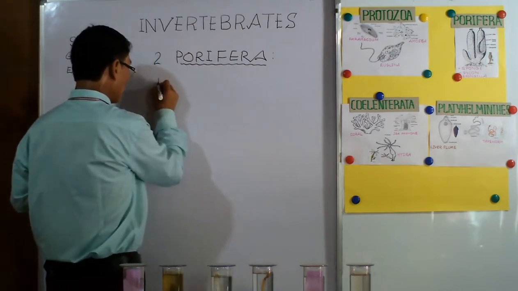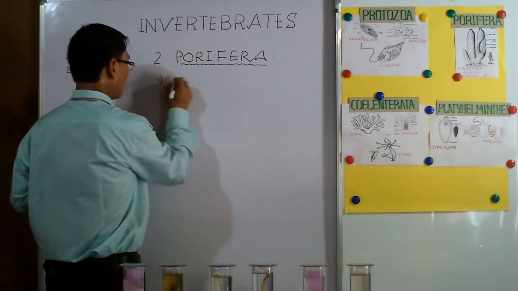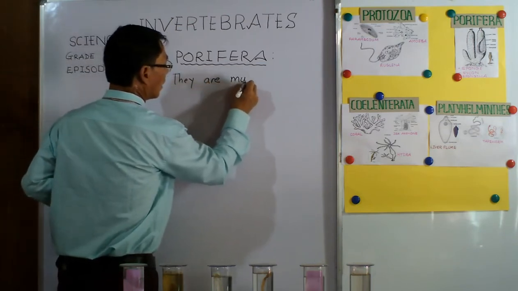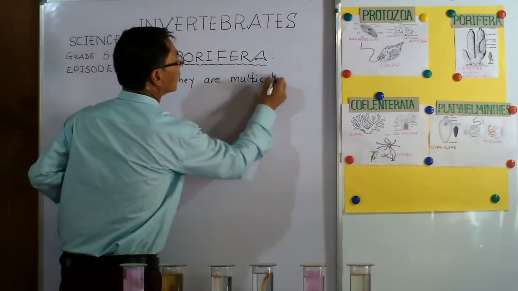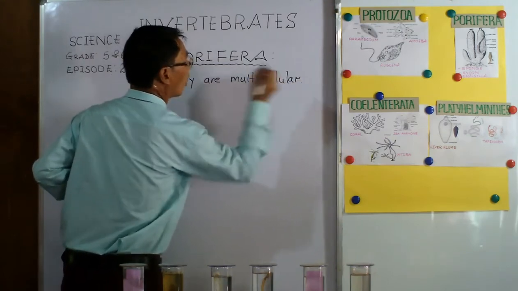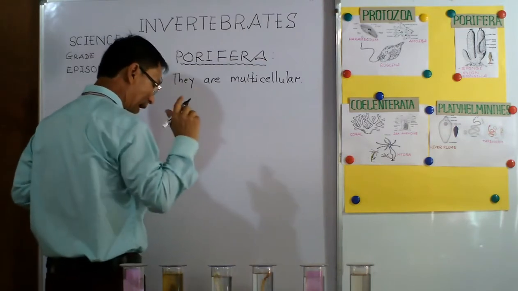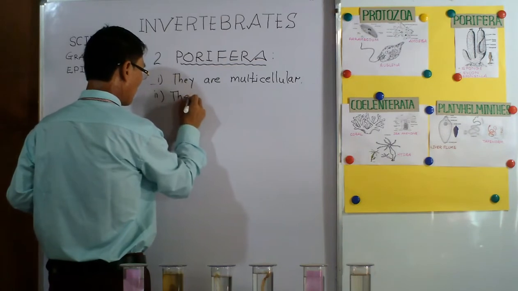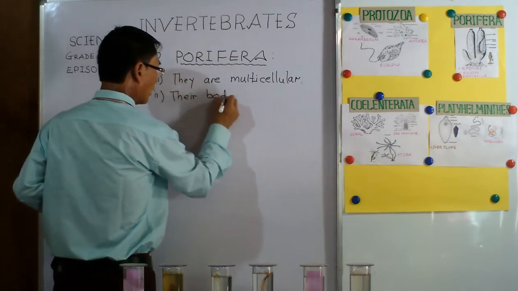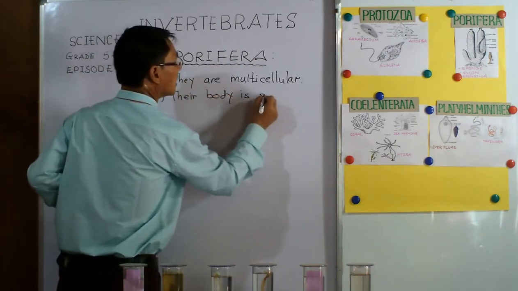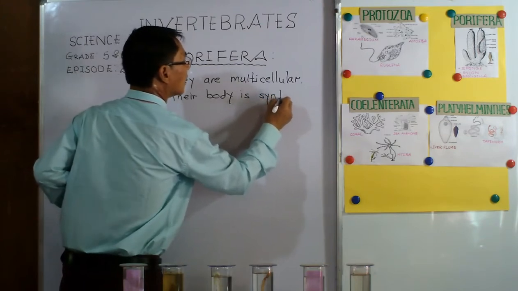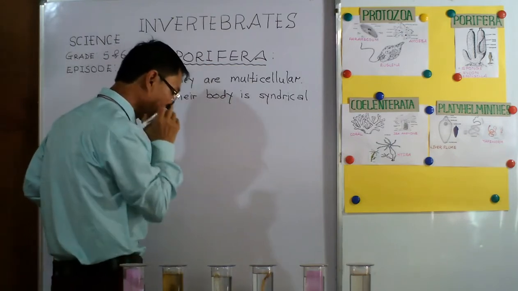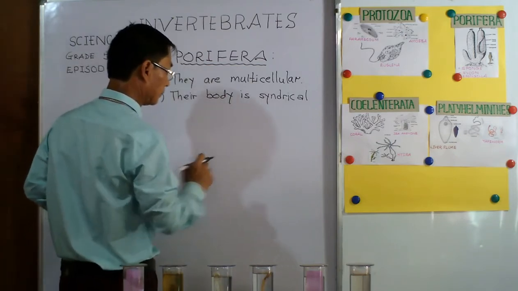Number 1, they are multicellular organisms. Number 2, their body is cylindrical.